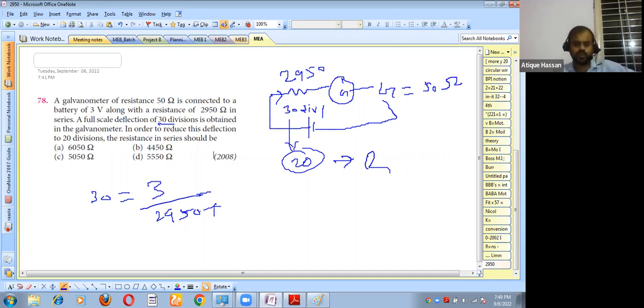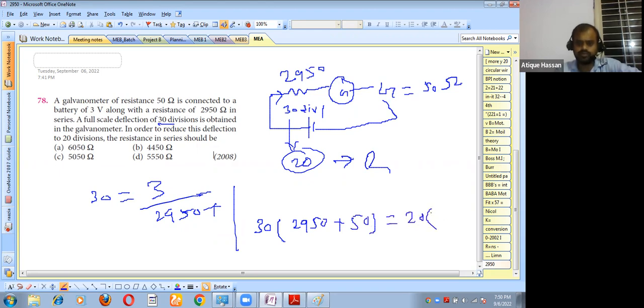The full scale deflection of 30 divisions is obtained in the galvanometer. So directly we can write it like this also: 30 into (2950 plus 50) will be equal to 20 into (R plus 50), right?